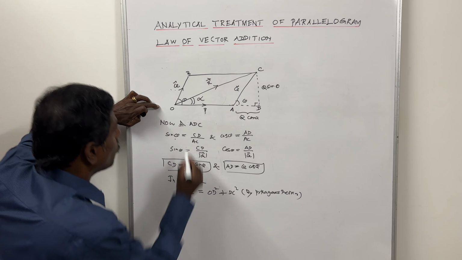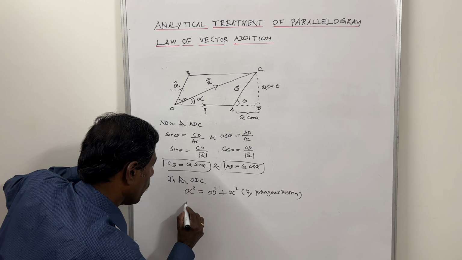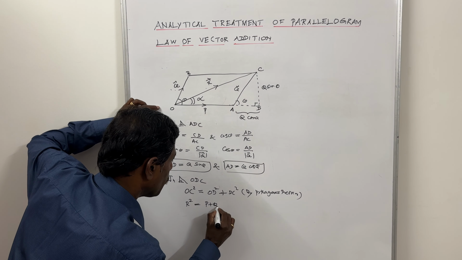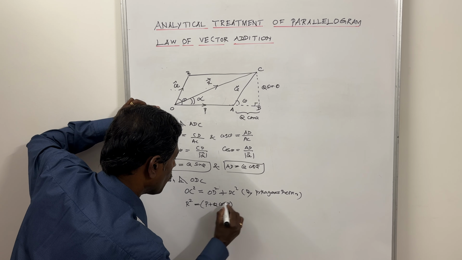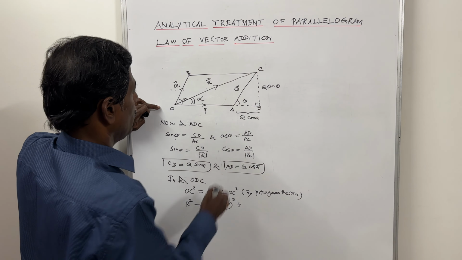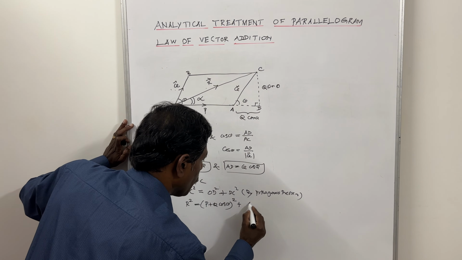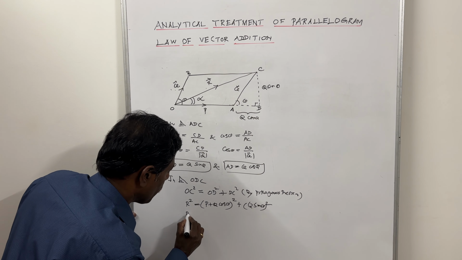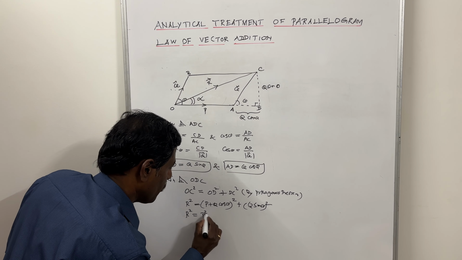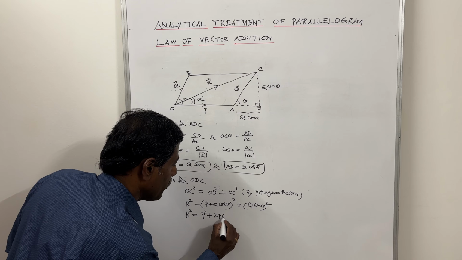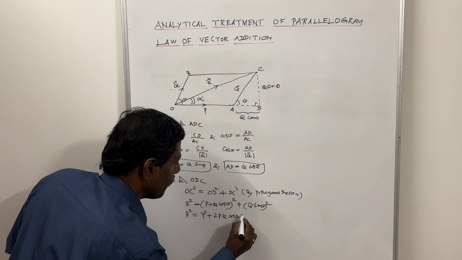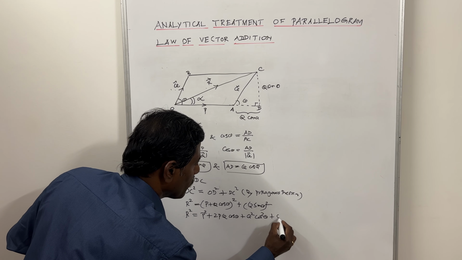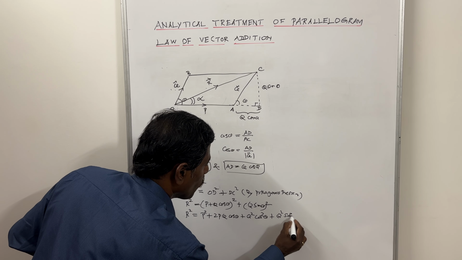Now OC square is R square, this is equal to OD square, that is P plus Q cos theta the whole square, then DC square is Q sin theta the whole square. Now R square is equal to P square plus 2PQ cos theta plus Q square cos square theta plus Q square sin square theta.